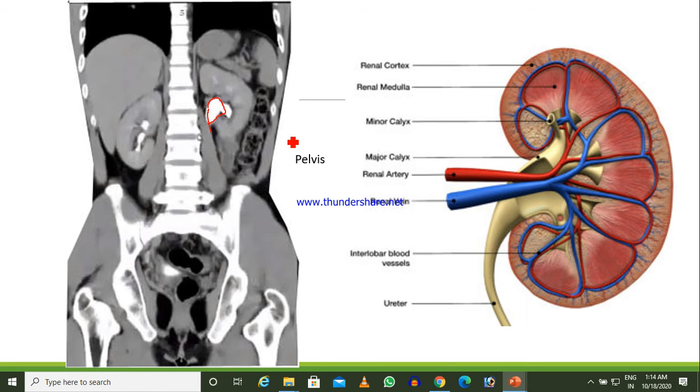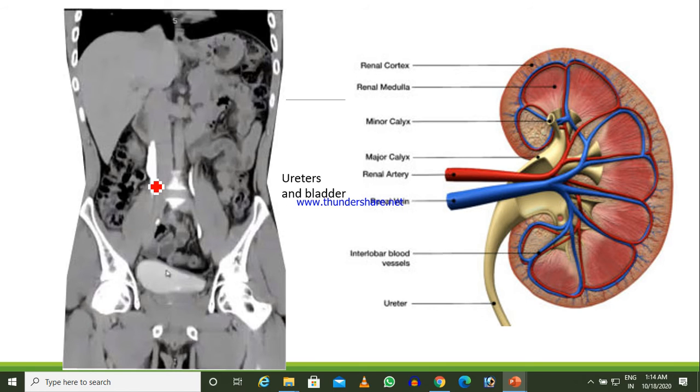This is the renal pelvis. This is the ureter, this is your right ureter. This is the left ureter. Only one segment is visible. Okay, this is the bladder. This is the urinary bladder.